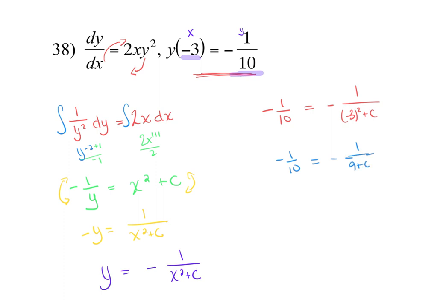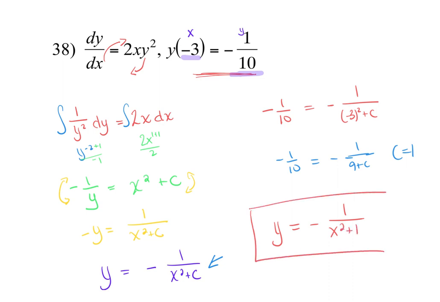Well, I mean, you can do all the algebra you want, but what is c going to be? I need my denominators to both be 10. Yeah, c is going to equal 1. So now I have my c. I'm going to rewrite my general plugging in my c. So my final answer is going to be y equals negative 1 over x squared plus what I found my c to be. And that is my particular solution.